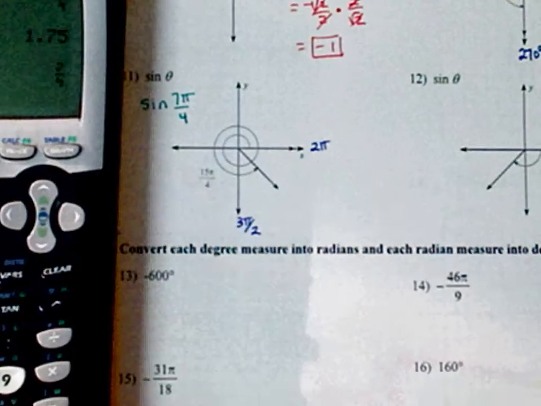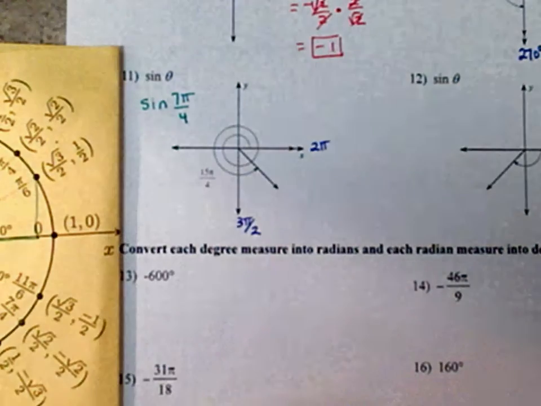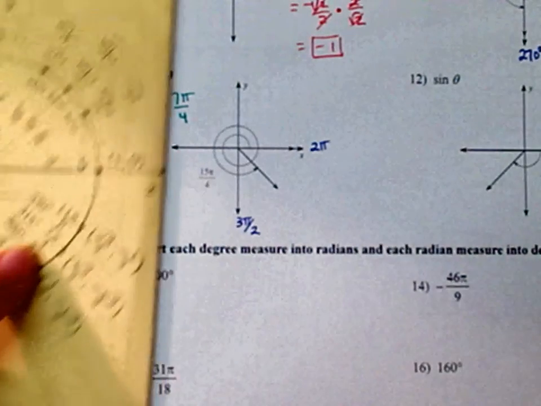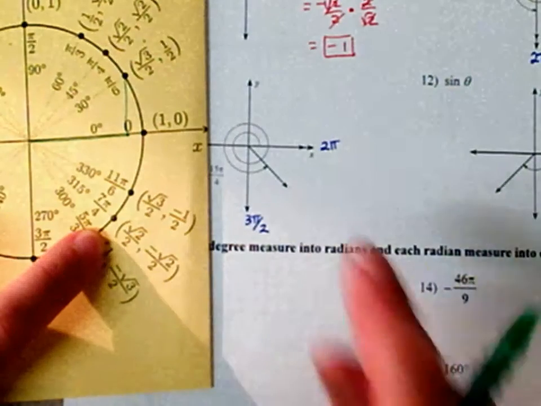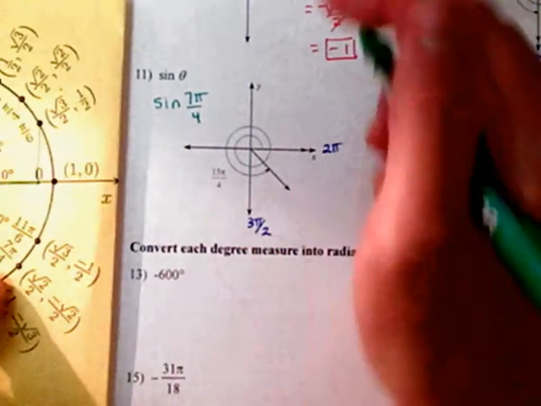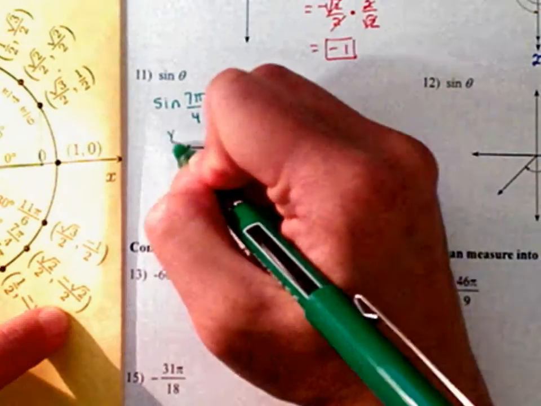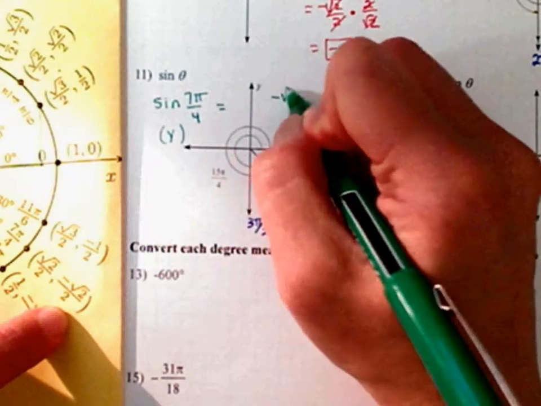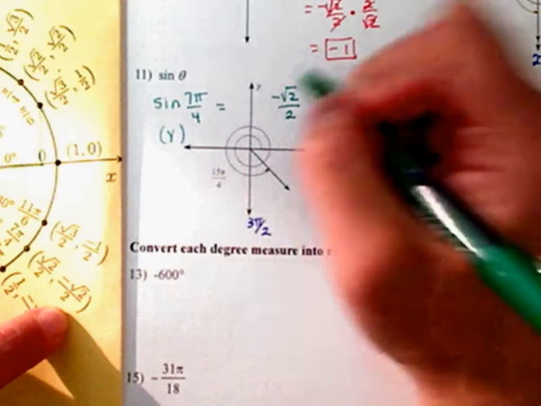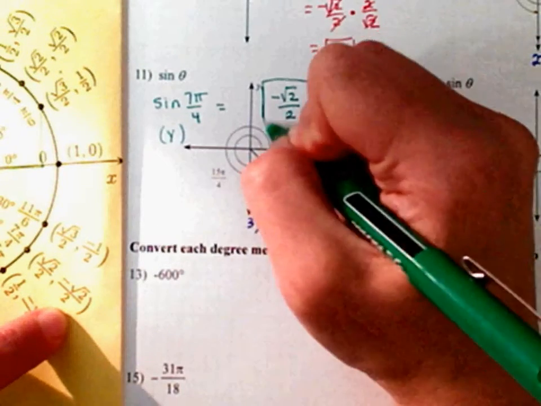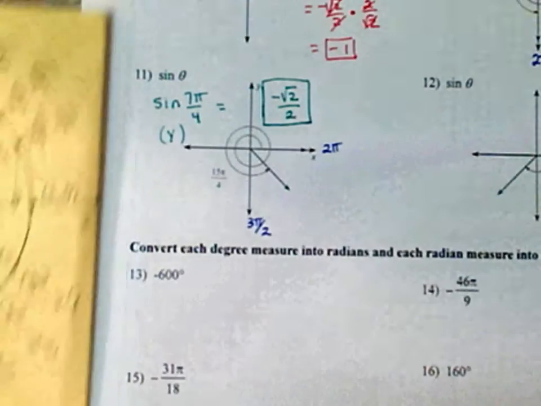Just like that. Okay, so where's sine of 7 pi over 4? Right here. You see how it kind of matches it? So what is your sine at that point? Your sine is always your y value, so that comes out to be negative square root of 2 over 2. Keep in mind, sometimes you have to rationalize, okay?